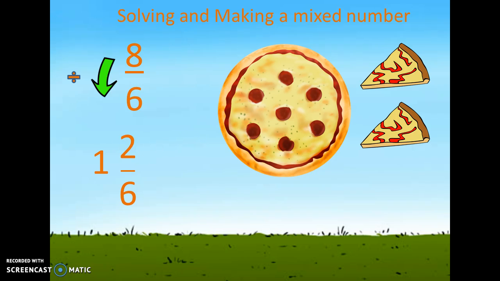It would be 2. 6 goes into 8 once, with 2 left over. Therefore, our mixed number would be 1 and 2 over 6. The remainder becomes the numerator.